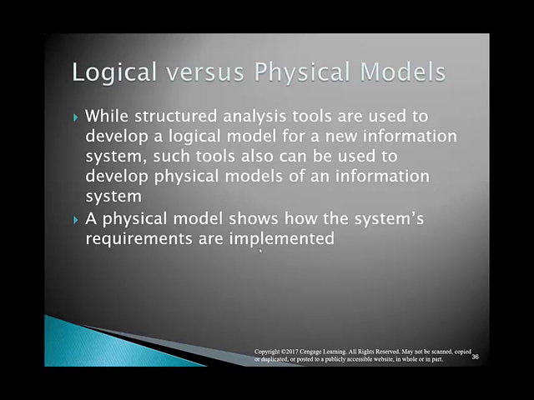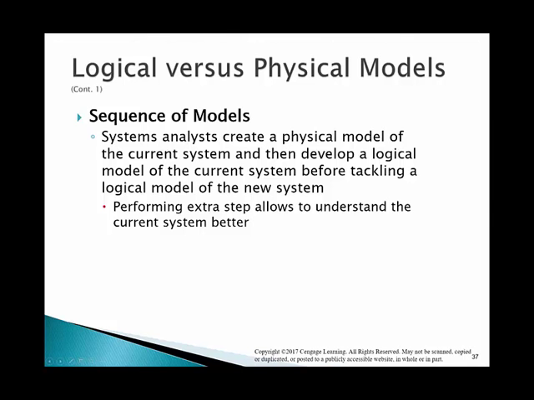I told you we would talk about this towards the end. Again, you have logical and physical. The logical would give you an idea of how something is done, and the physical would show the requirements that are needed to complete this. And then it would be sequenced in.